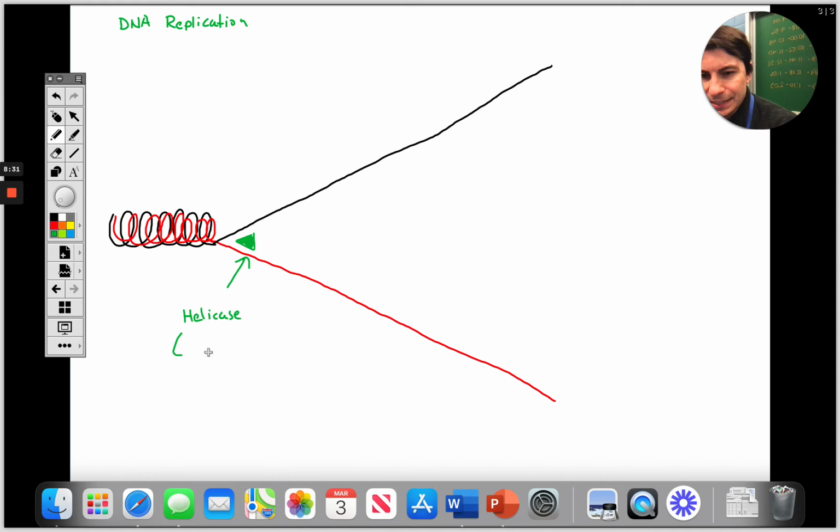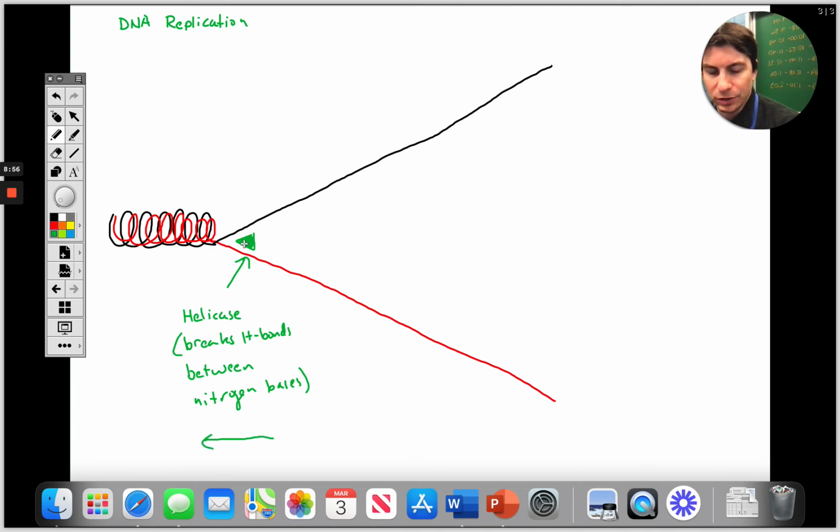And what Helicase does is breaks the hydrogen bonds between our nitrogen bases. As he breaks them, he's moving to the left of the screen. All right, so Helicase is moving that way.